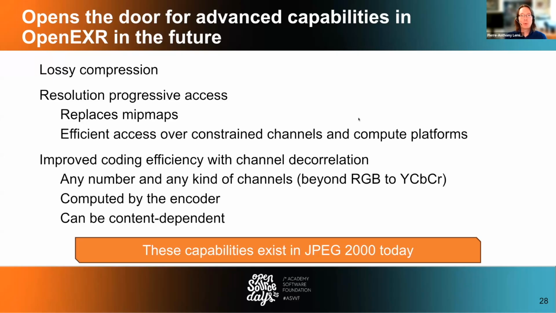You might say, why would we ever want to do that? It's because OpenEXR files are often stored with a very large number of correlated channels, especially if you have layers of related channels. So you might have depth maps, normal maps, and all these are highly correlated. And so there's an opportunity here to decorrelate all those layers and channels and make the coding even more efficient.